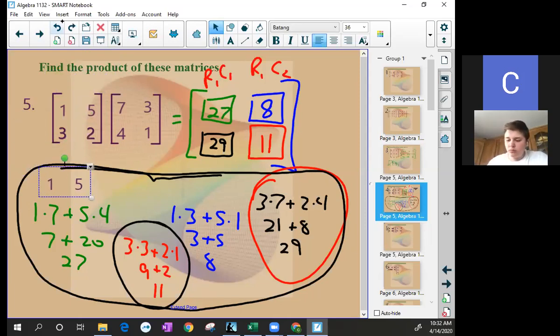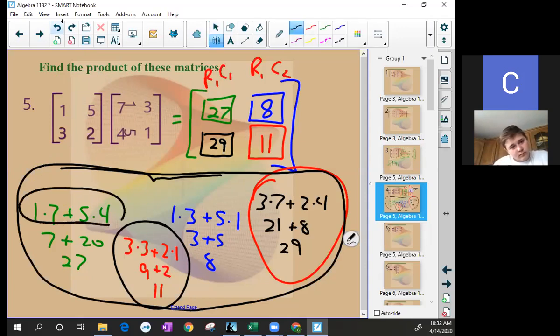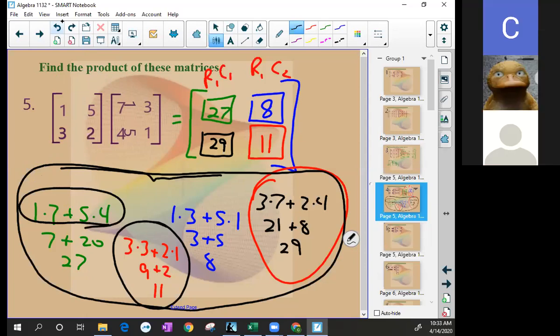I flip it. I turn it sideways in my mind's eye, and I slide it over there next to those numbers, and I do the work in my head. I do that right there. 1 times 7, 5 times 4. Now, I might use some scratch paper and go, okay, 7 plus 20. But I don't necessarily write down the whole thing. And then in my mind, I say, okay, take that same one, bring it over here, and I do this just kind of in my head.